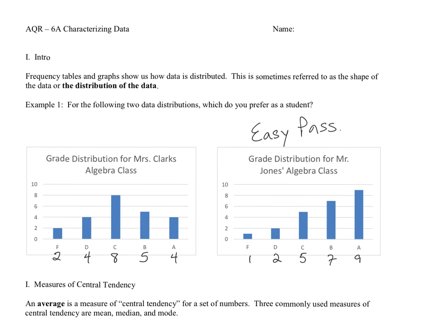You may want to actually fully understand the material that is being taught in a math course. And so while this one on the right, Miss Jones's class, may be an easy pass, you may actually learn more for this course. And this may end up having a better teacher. So Miss Clark's algebra class may have been better off and better prepared for the real world and the next math course just based on looking at this data.